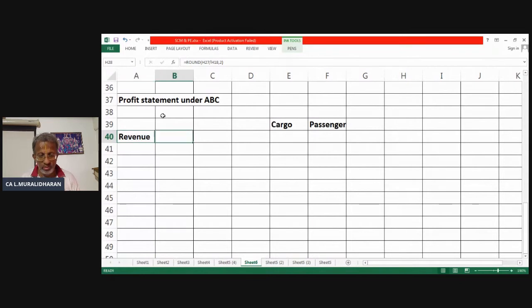Revenue: 42 lakhs, next one is also 42 lakhs, and the total.